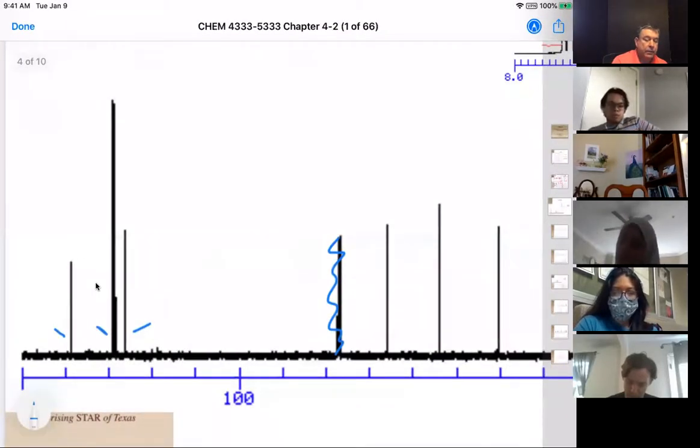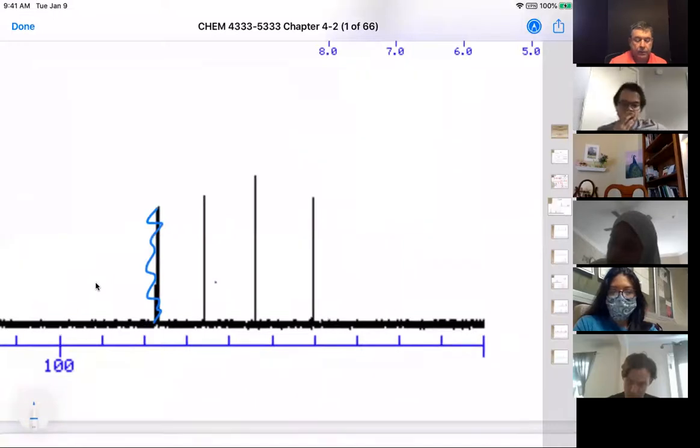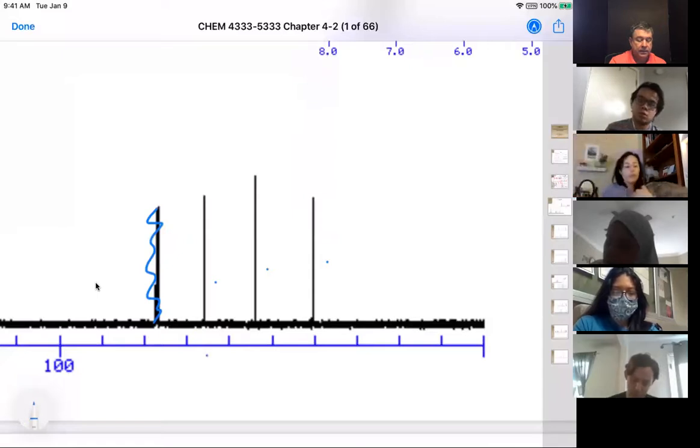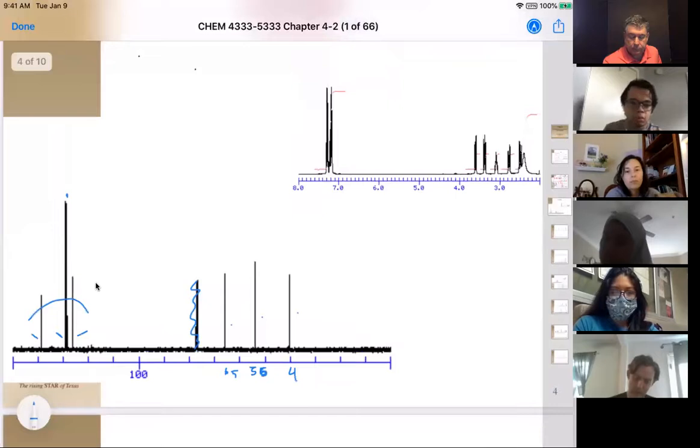Actually, that looks split there, so this could be the 6 carbons for the benzene hidden under here. Then we have 3 unique carbons outside of that benzene, and notice they're fairly high. This is 70, this is 65, this is 55, and this is 40. So they're pretty high, and that's something we need to look at.